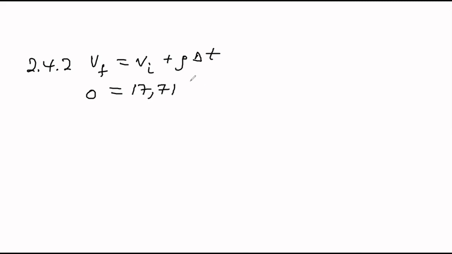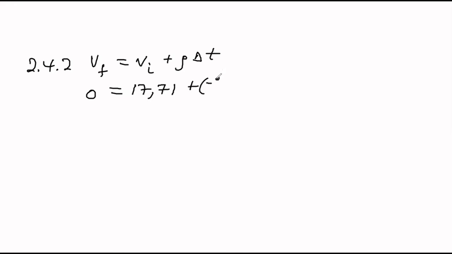So this is 2.4.2. You can use this formula, V final equal to V initial plus G delta T. Final velocity at maximum height is 0. So we've managed to calculate the initial velocity, which is 17,71.